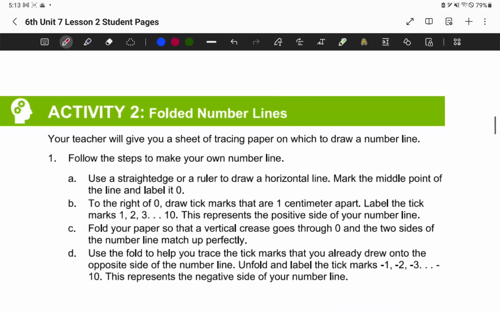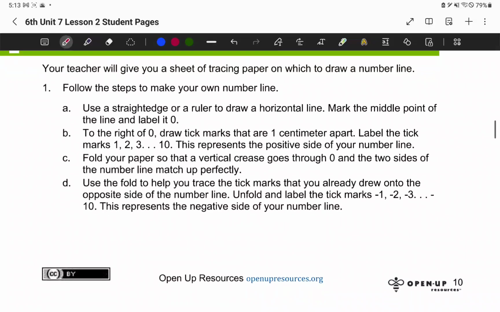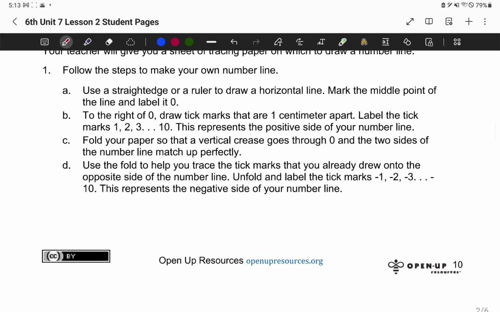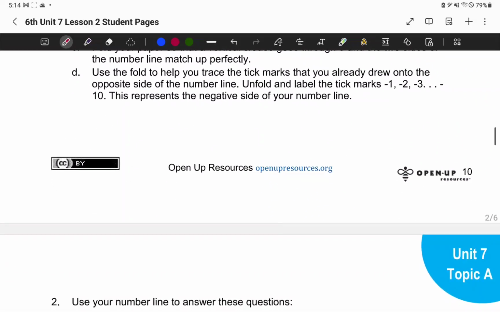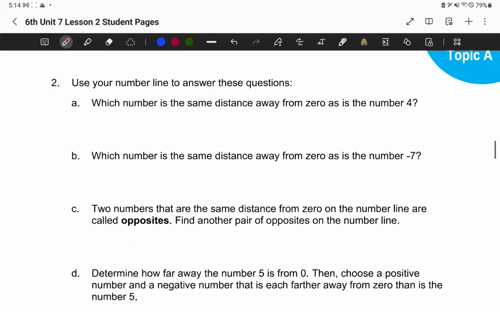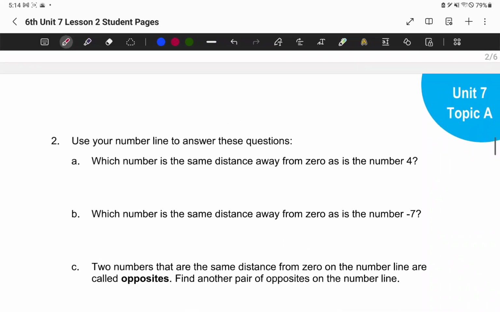And now we go to activity 2. Now, you're supposed to create a number line of your own. And so following all the steps on number 1 on page 10, and then you use that number line to answer the questions on number 2.